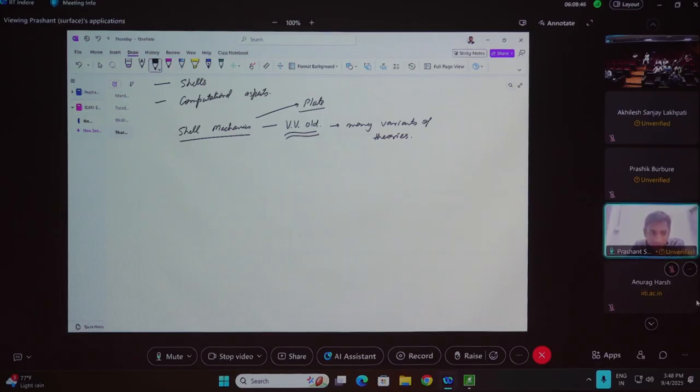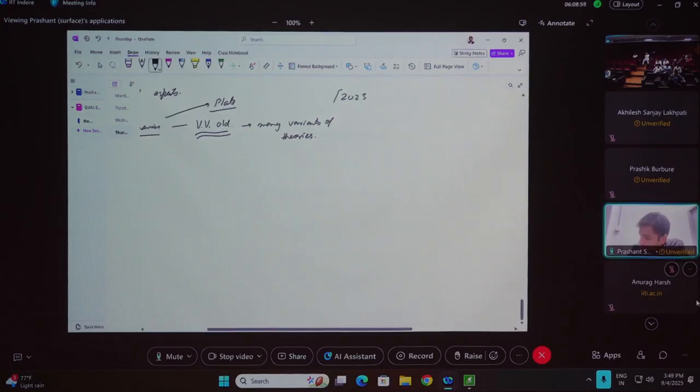Again, I've shared a bunch of papers with you. There's a paper from 2023, in the journal Computational Mechanics. Its first author is Zhao Liu.